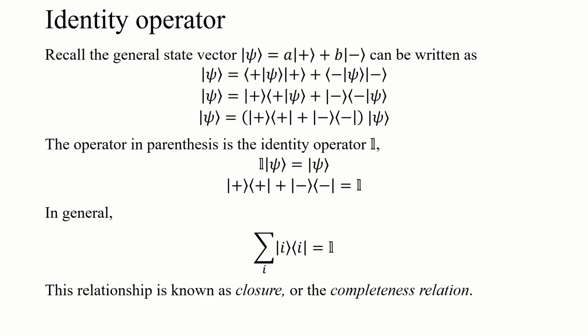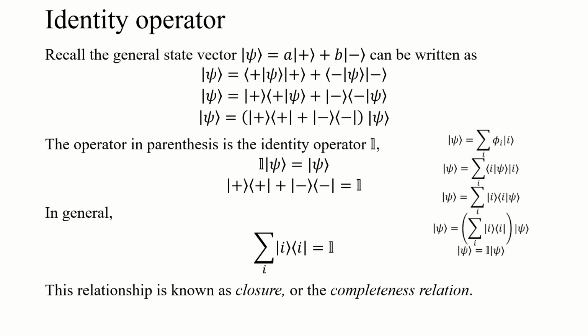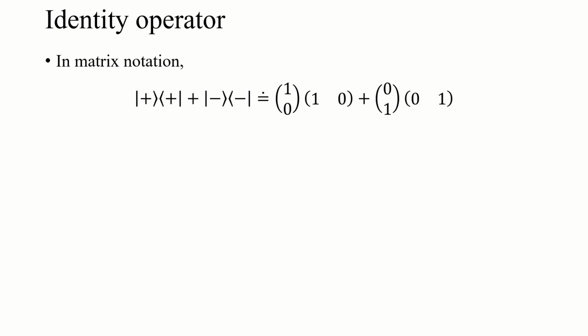And we've actually used this before. That essentially is how we know that a general vector can be written as a linear combination of our basis vectors. In matrix notation, you can sort of see how this operator is actually the identity operator.